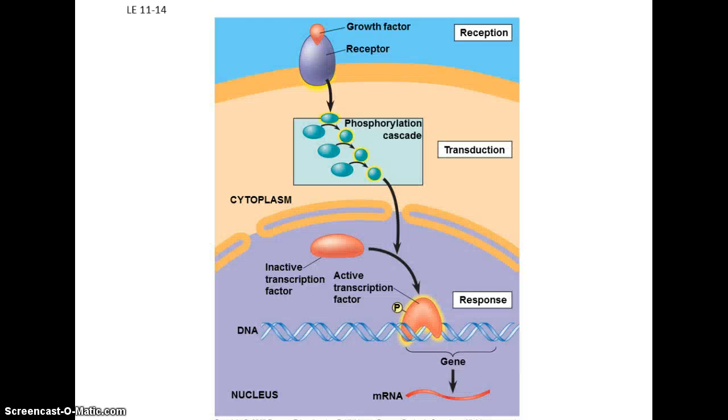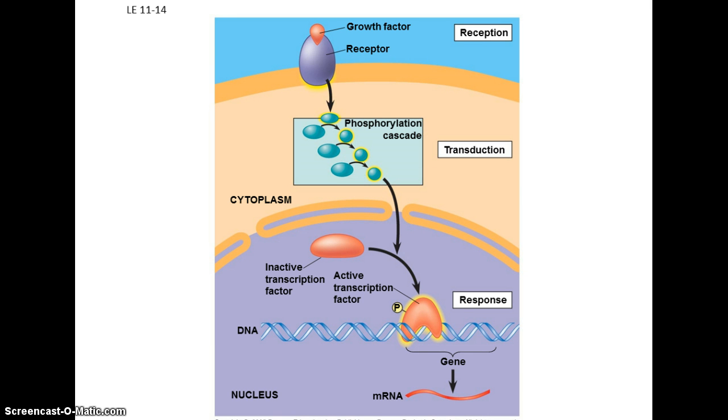So here's that overview. You have the reception, which is the growth factor in this example, binding to a receptor on the cell membrane. There's a signal transduction. In this case, this is a cyclic AMP phosphorylation cascade, which has the ability to make what are called kinases that are going to then impact transcription or translation.